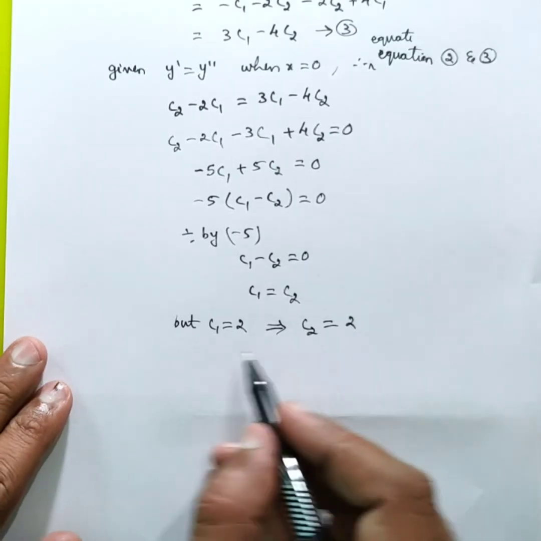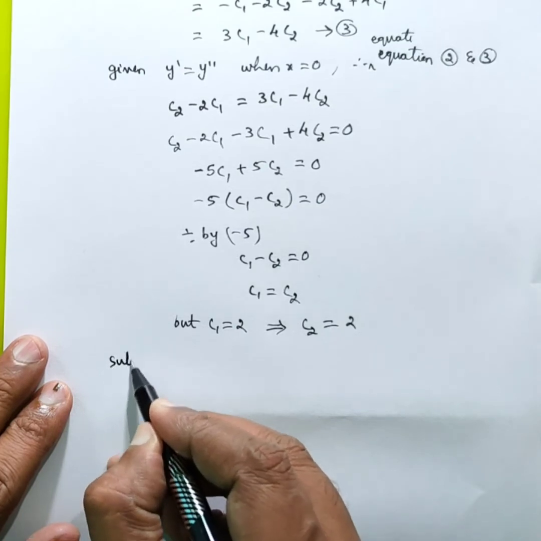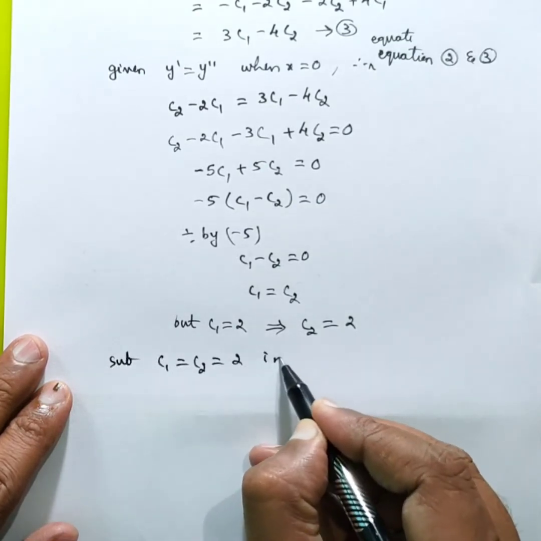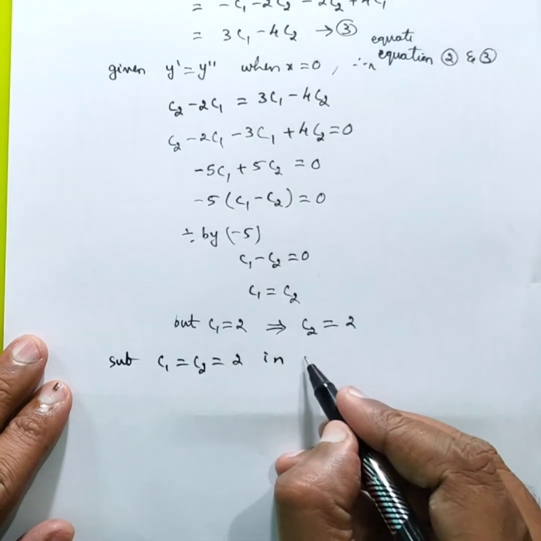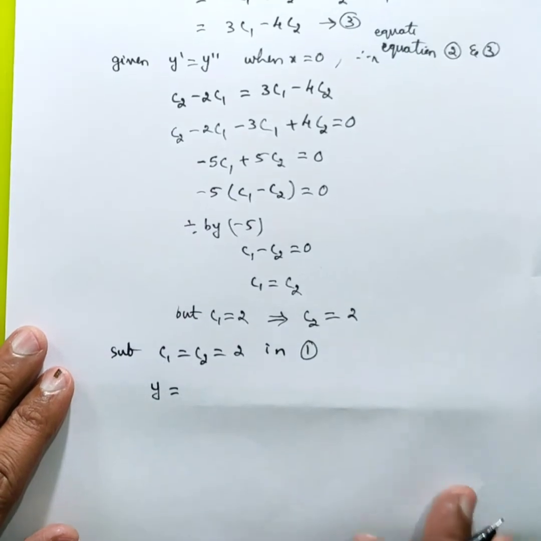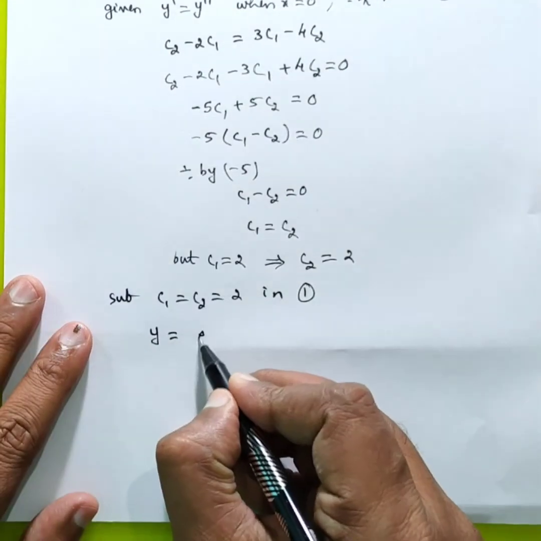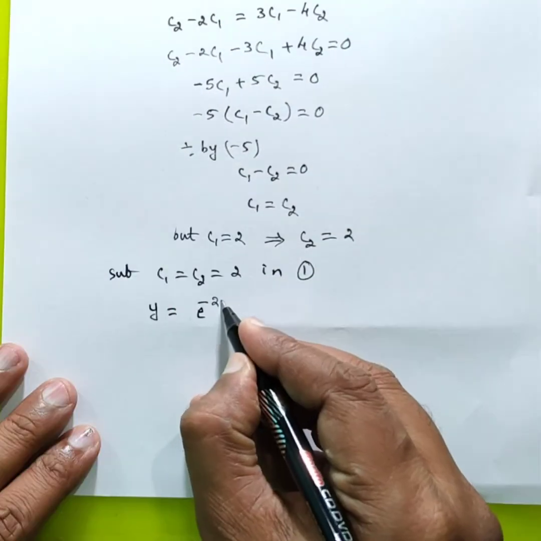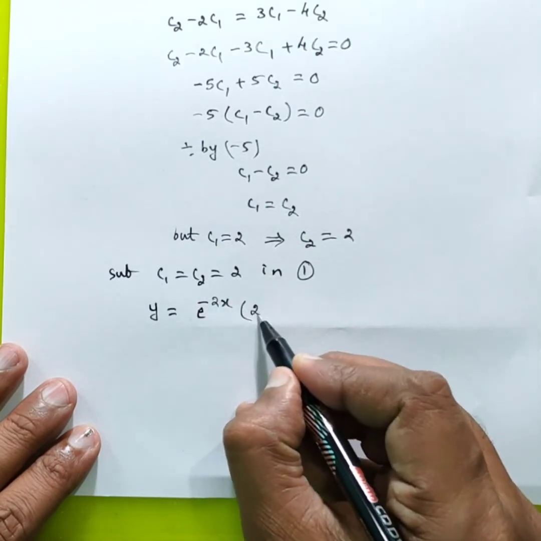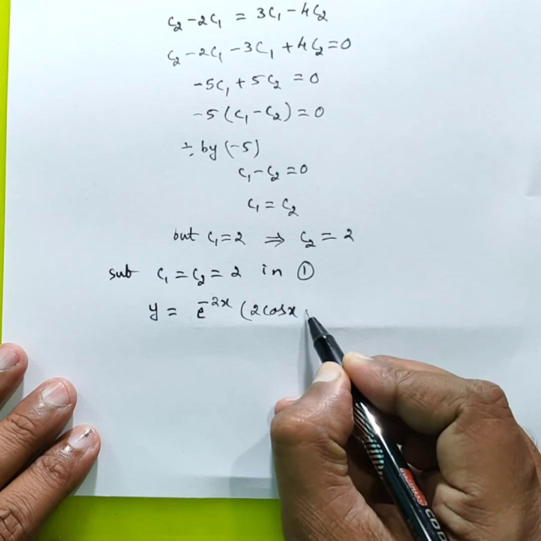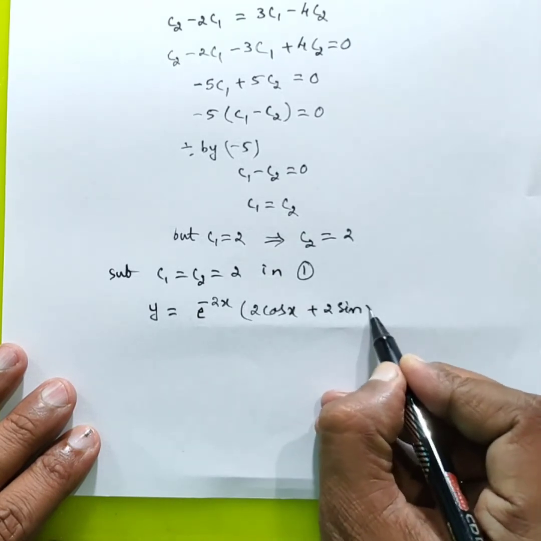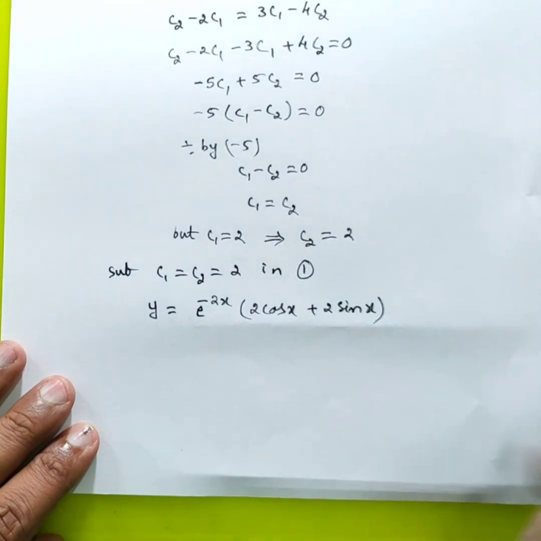Now substitute c1 and c2 equal to 2 back in equation number 1, which is y equals e power of minus 2x into 2 times cos of x plus 2 times sin of x.